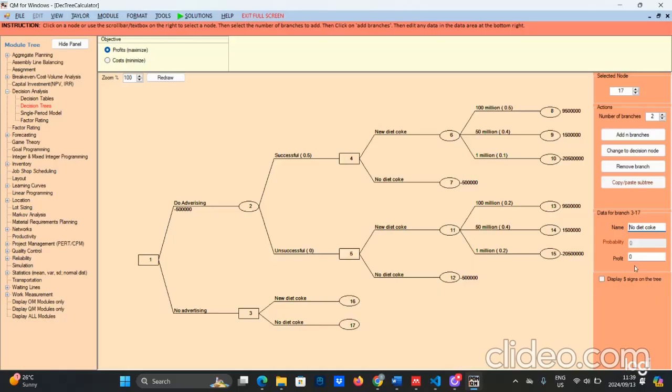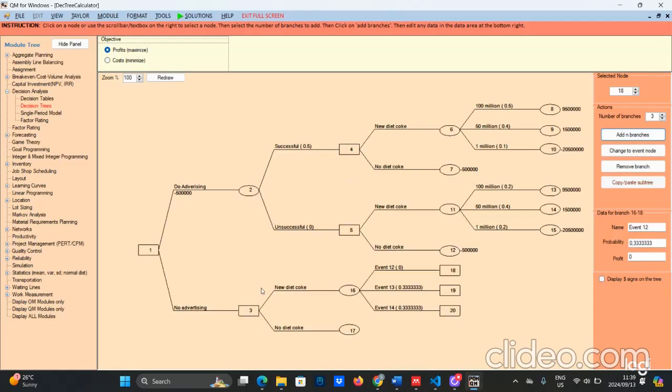So here, the expected profit or loss they're supposed to make will be zero. But if they introduce the new Diet Coke, there are three possible alternatives that may occur. Before that, we change this into an event node.